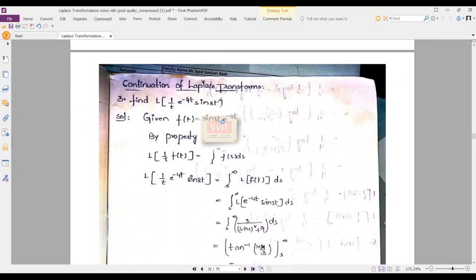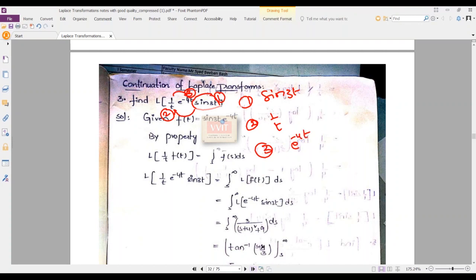Same problem. I think we have gone through it. First sine 3t, then 1 by t, then this. If I give priority like this: first priority is sine 3t, second priority 1 by t, third priority e power minus 4t. If you plan like that, it will be easy.